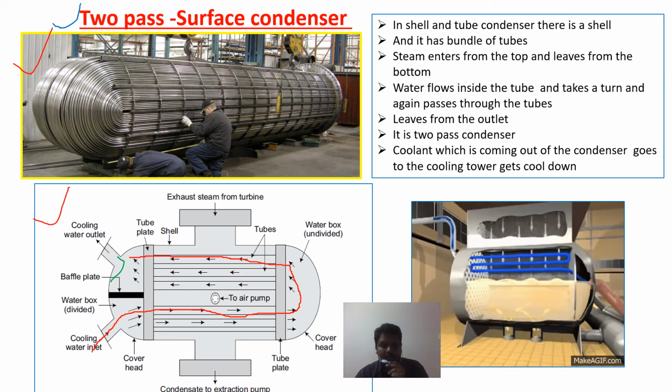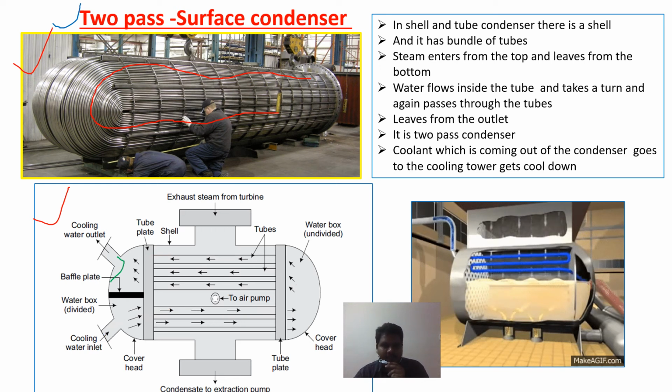Like that it may have a number of passes. If there are a number of passes, that type of condenser is called a multi-stage surface condenser. But in this particular case we have only two passes, pass 1 and pass 2. So it is called a two-pass surface condenser.